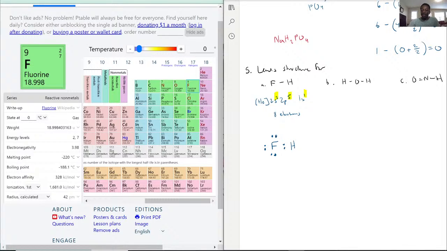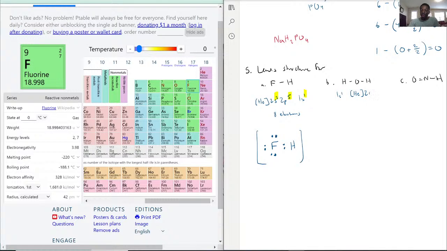This fits the octet rule perfectly for fluorine. Fluorine is completely satisfied, and hydrogen is done. This right here is your Lewis structure for hydrofluoric acid, FH.